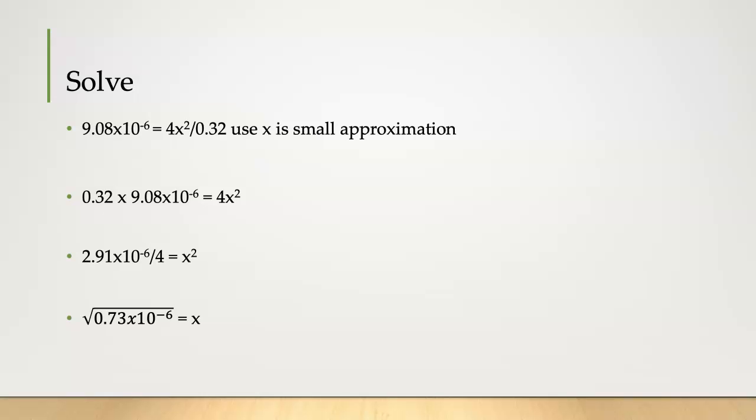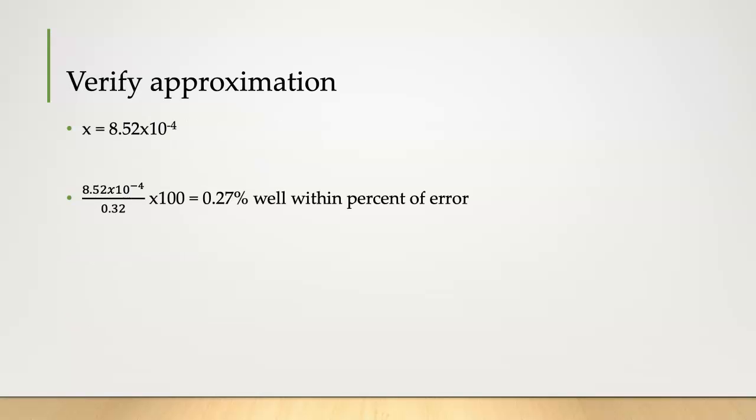You can then divide by 4, and you get the 2.91 times 10 to the minus 6 divided by 4 equals x squared. Square root the entire thing, so you get the square root of 0.73 times 10 to the minus 6, and you should get x is equal to 8.52 times 10 to the minus 4.